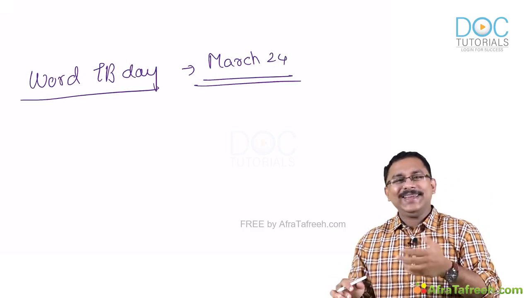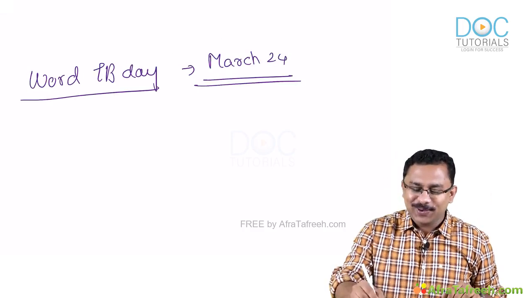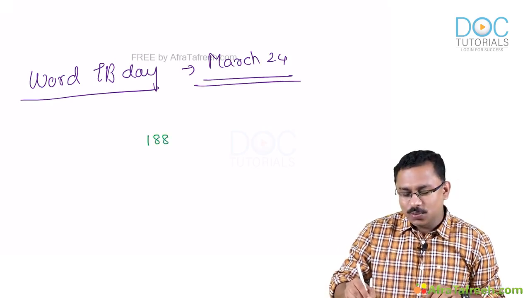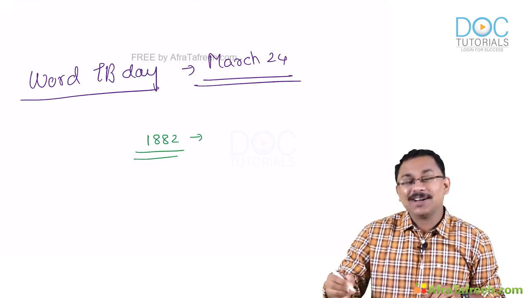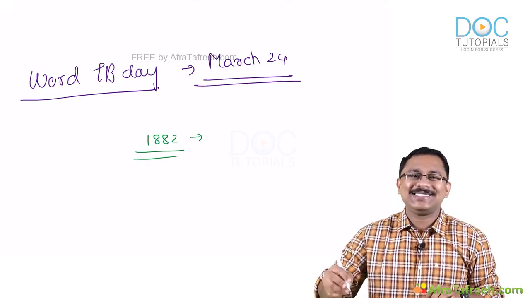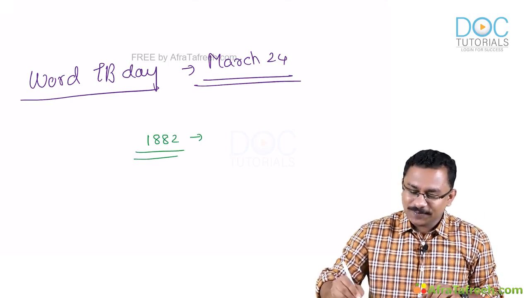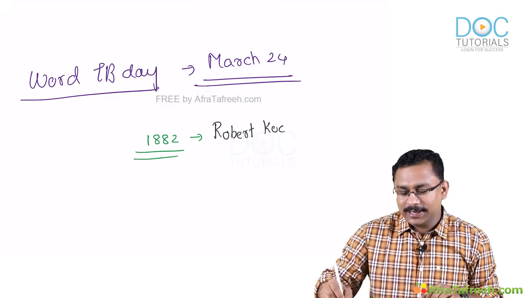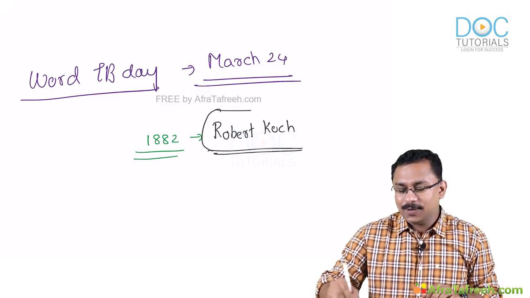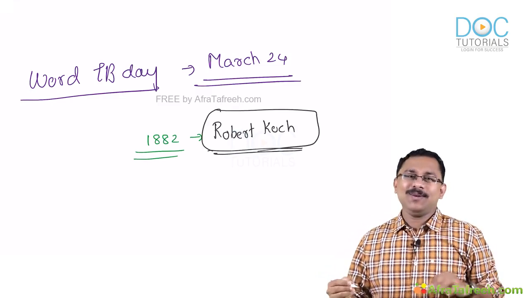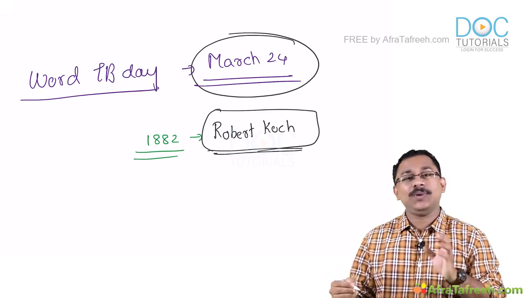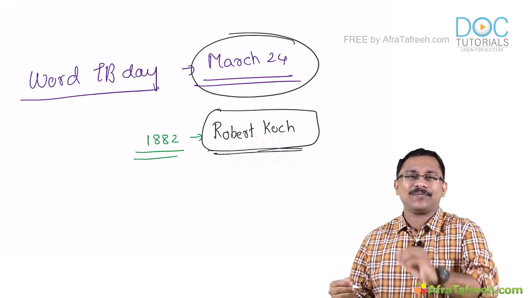So why is this March 24 so peculiar? Because it was on March 24, 1882 that who discovered Mycobacterium tuberculosis? Robert Koch. Robert Koch described, or discovered, the tubercle bacillus. Because of that, March 24 is the World TB Day.